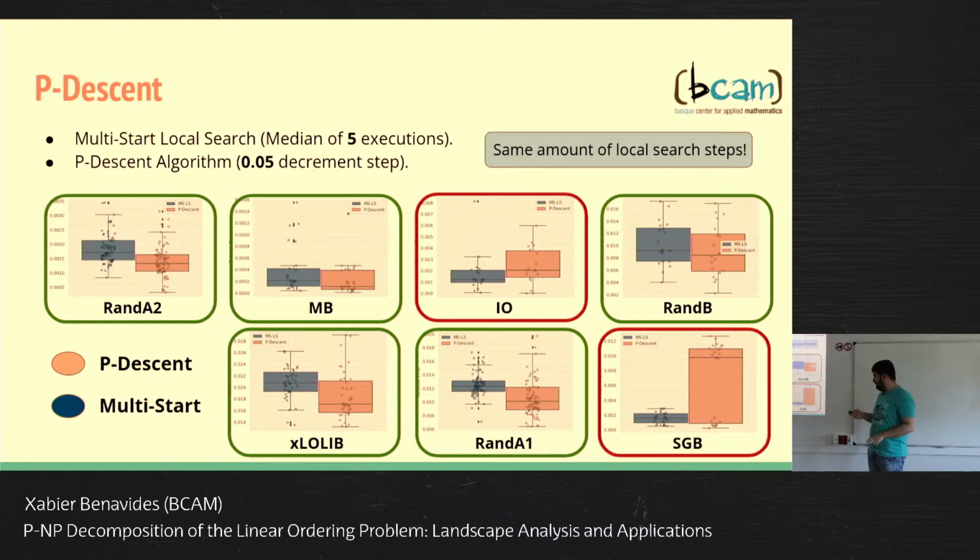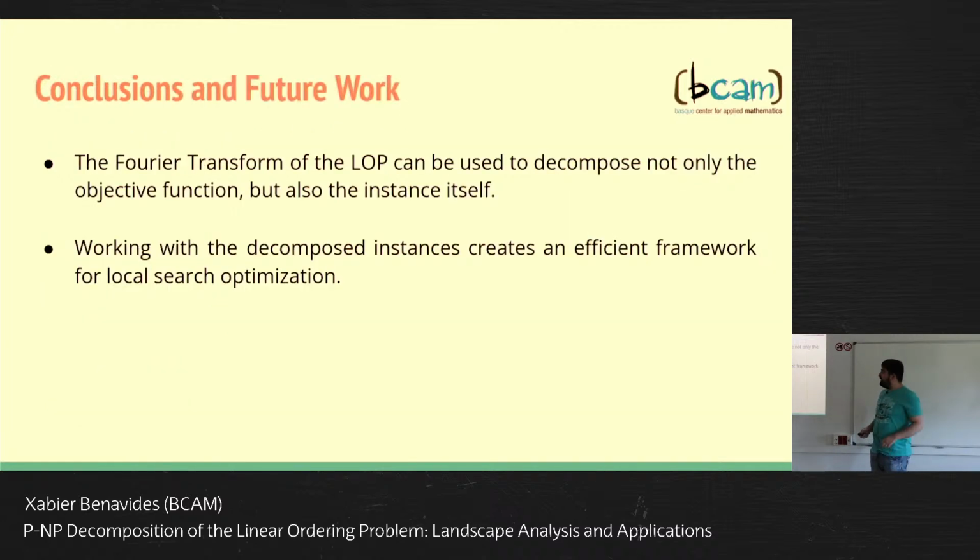improve this algorithm. So, well, in conclusion, in this work, we have seen that the Fourier transform of the linear ordering problem can be used not only to decompose the objective function, but also to decompose the instance itself, okay?